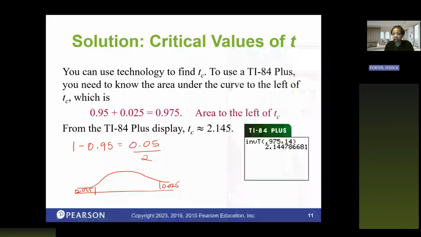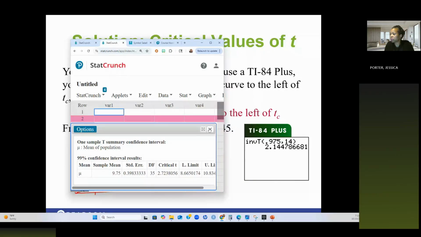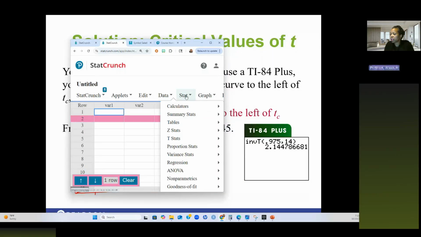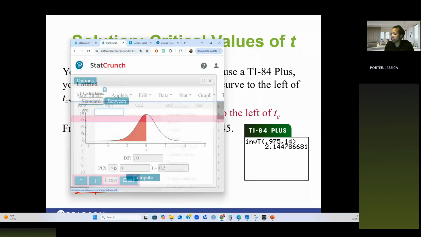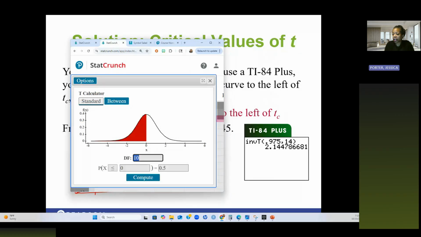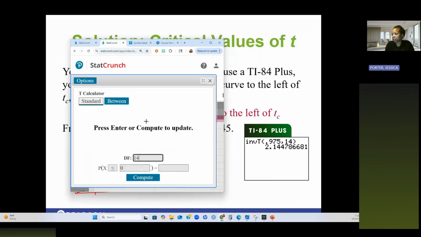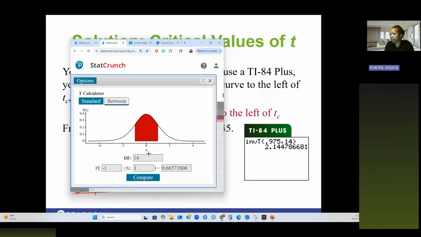Okay. Now in StatCrunch, stat calculators T, I'm going to enter in my degrees of freedom, 14. I'm actually going to go to the between calculator as well. And then 0.95.